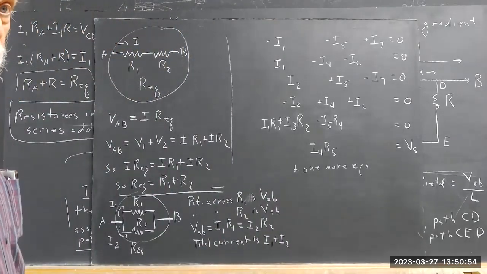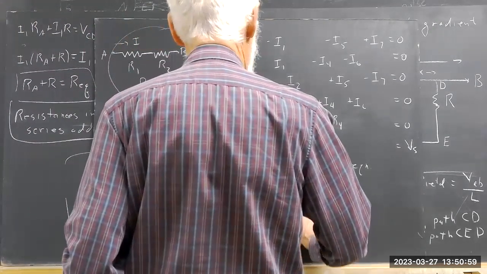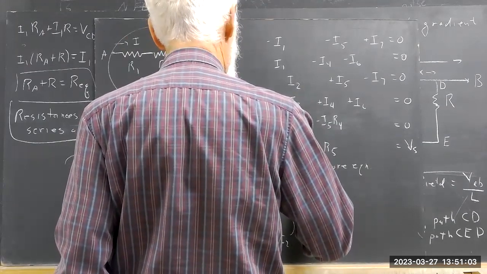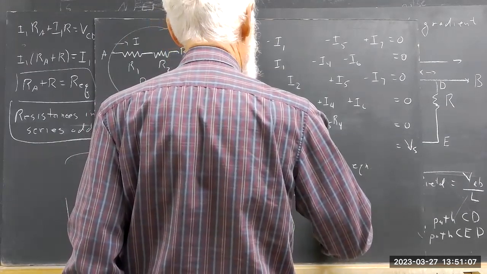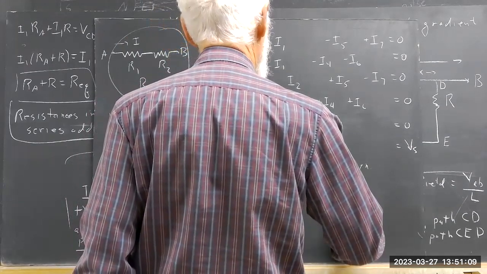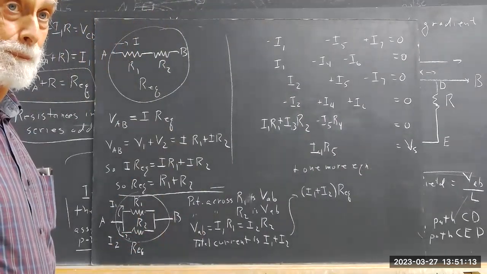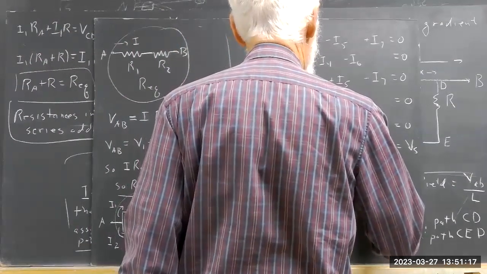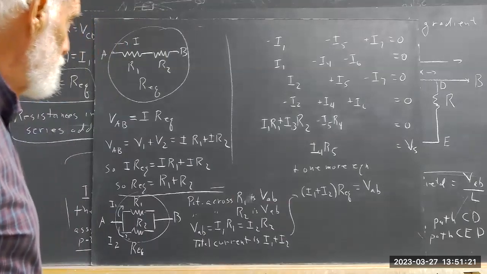Total current is I1 plus I2, so that I1 plus I2 times R equivalent equals VAB.